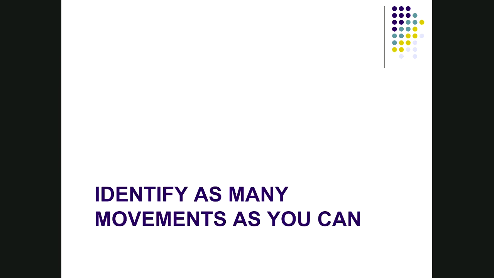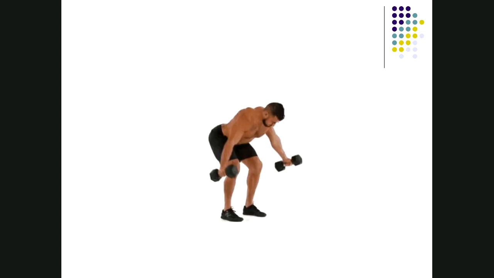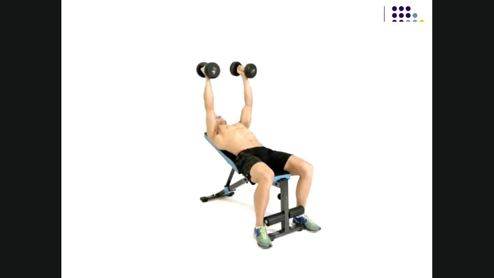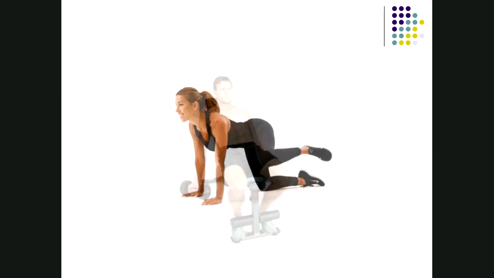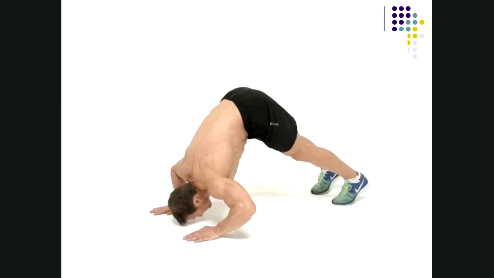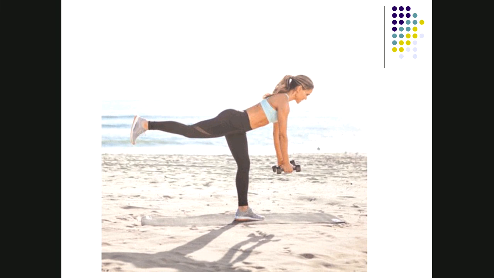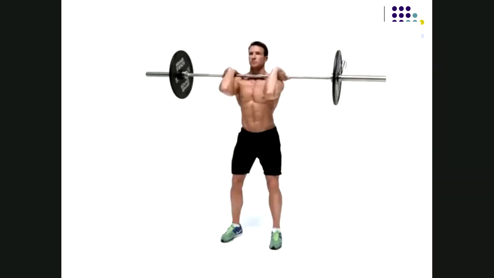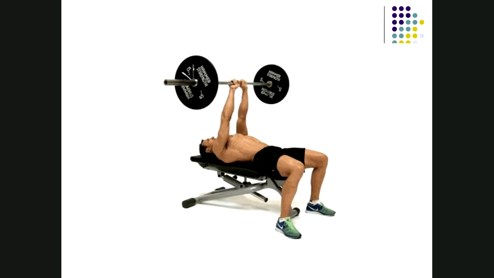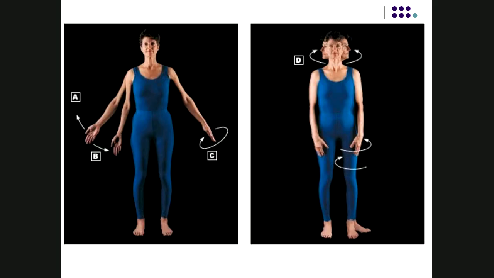So what I'd like you to do here is go through and just kind of pick out as many movements as you can. Now these are all GIFs, and so they all actually move when you watch them. But just look at them and see if you can pick out these movements. And here's something you might see on a quiz.